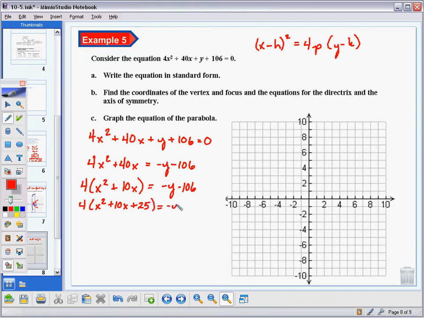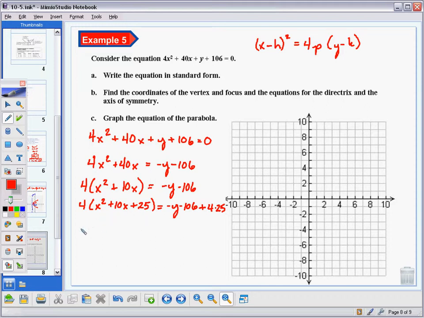But in order to leave this equation balanced, I have to add that same value on the right-hand side. Now I didn't just add a 25, I actually added a 4 times 25, if you look at the distributive property. So that's what I'm actually going to have to write on the right-hand side as well. So plus a 4 times 25 on the right-hand side to keep this equation balanced.